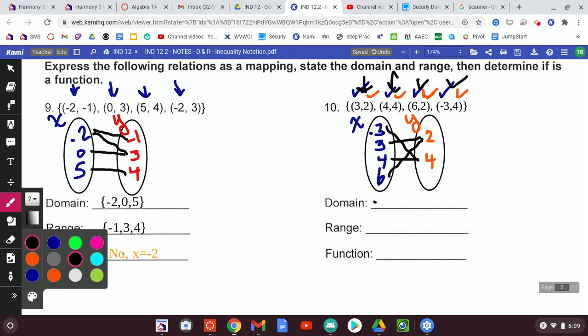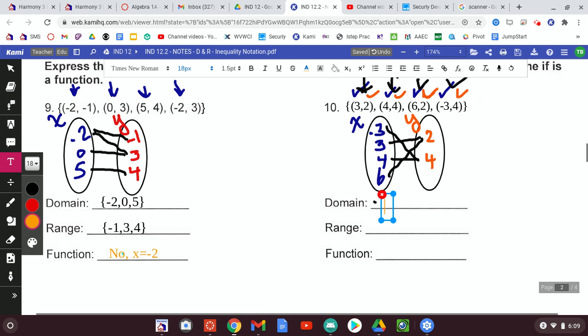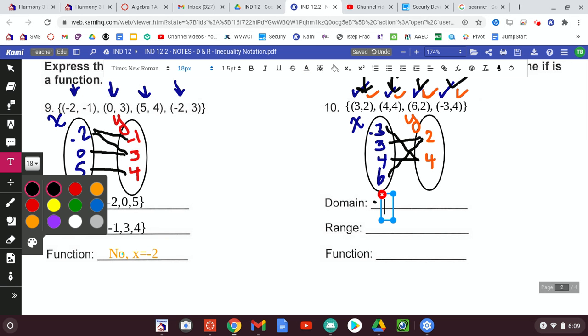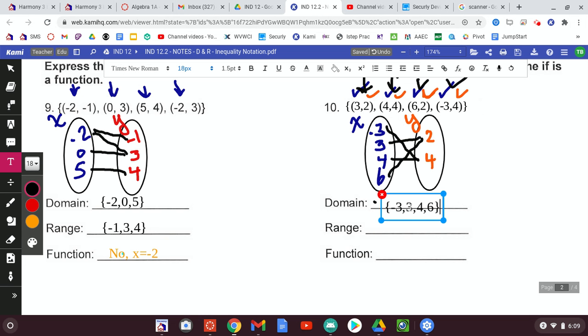So again, your domain is already basically done for you once you have done your mapping. Your domain is -3, 3, 4, and 6.